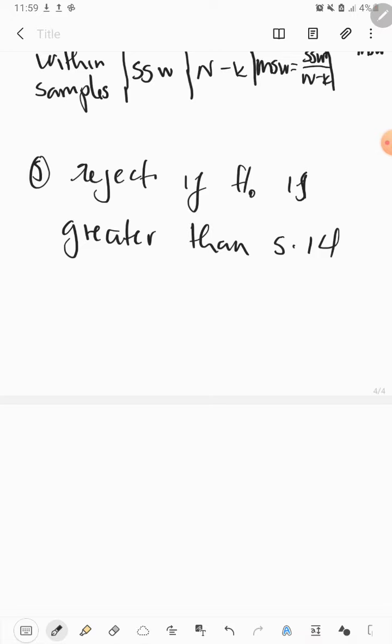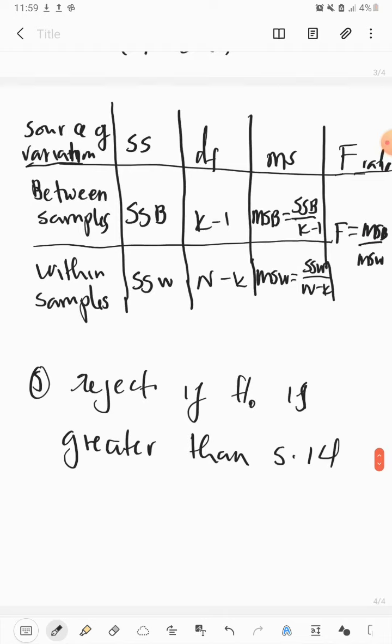Okay, so this is the only difference. All the work that you have is on computing the sum of squares between and the mean squares and finding the F value. Once you find it, you either reject or fail to reject, depending on whether it's greater than your F critical, which in this case is 5.14.